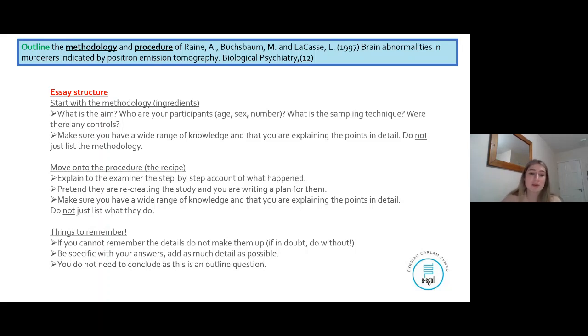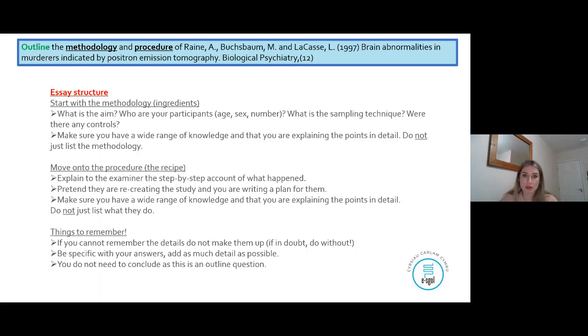And again, things to remember. I know I've said this once before. If in doubt, do without. If you can't remember a specific element of the methodology and the procedure, leave it out, okay? If you can't remember the objects that they used to see if there was generalisation, say there was a varied amount of other white objects, okay?